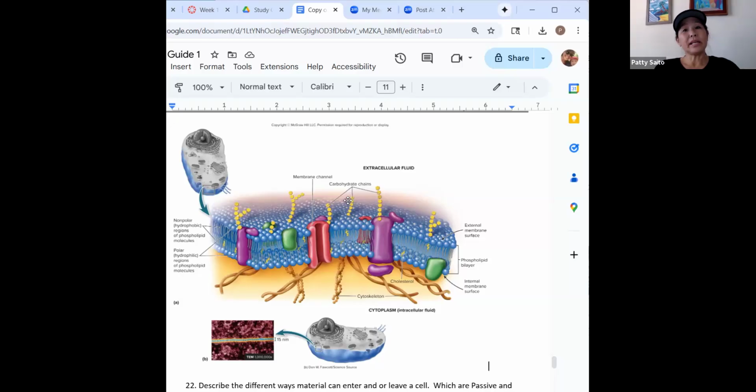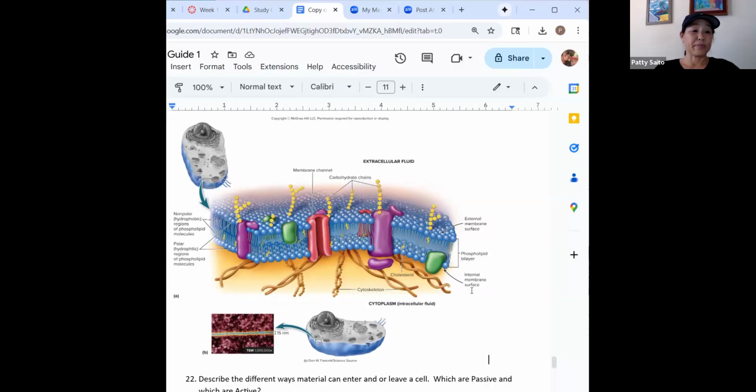It's putting somebody else's cells with these different markers in somebody else's body, and the body saying, that's not me. And so my immune system is going to attack it. And that's why a lot of recipients of organs and things like that have to take immunosuppressants to suppress their immune system from attacking that foreign material.